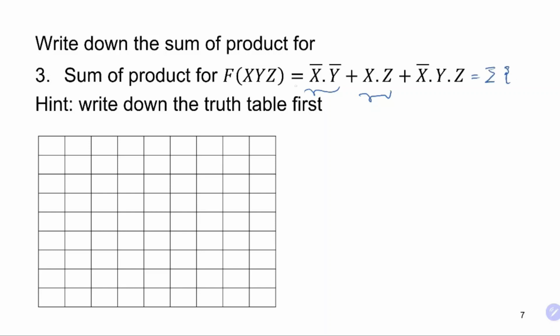I can't identify whether this is a three-bit binary number and then convert it into a product term. For this sort of function, put down hints there. You have to first write down the truth table, and then from the truth table you can work out what is the sum of products of that.